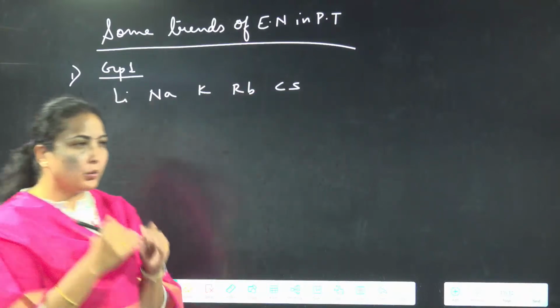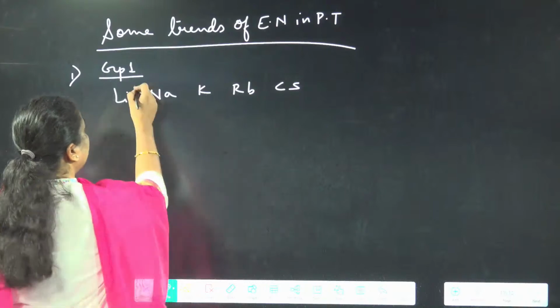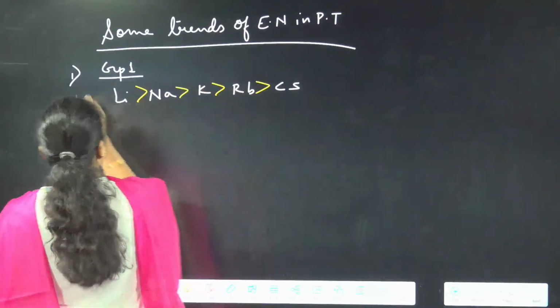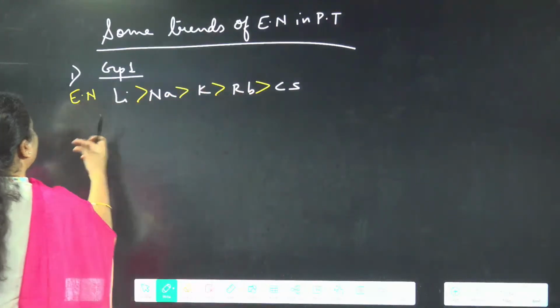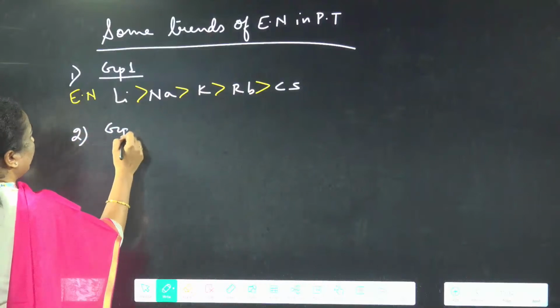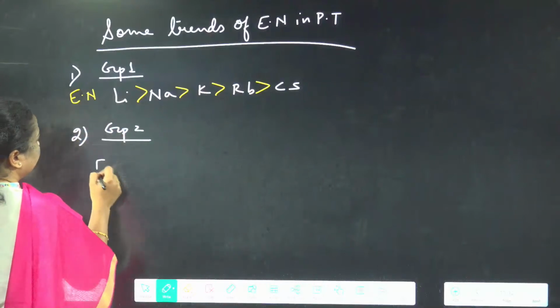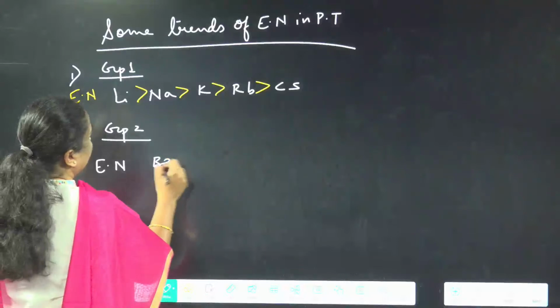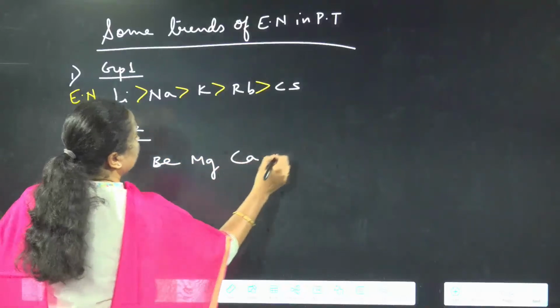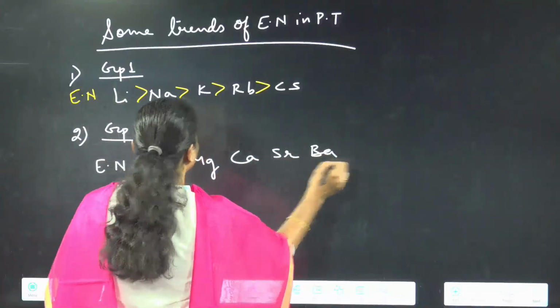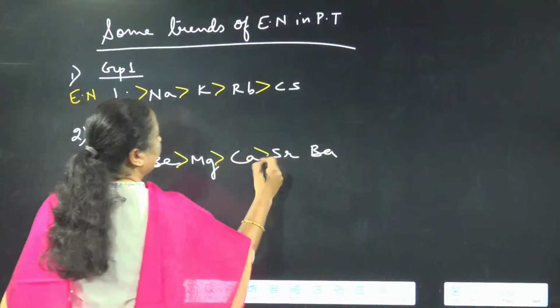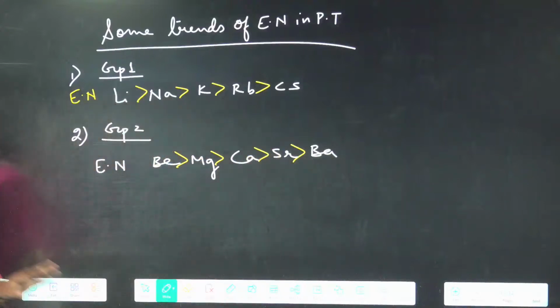That means when you come down the group, size increases and the electronegativity decreases. For group 2, similar trend: beryllium, magnesium, calcium, strontium and barium. Again, electronegativity is decreasing. No problem with group 1 and group 2.